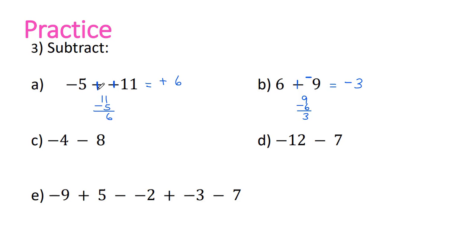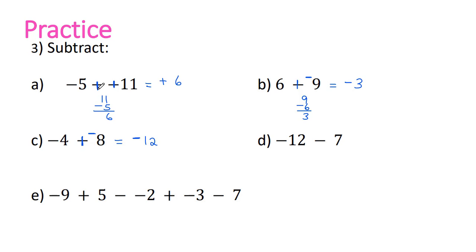For C, we have negative 4 minus 8. We're going to get rid of this minus sign, change it to adding, and the 8, which was positive, becomes negative. Now we have two integers with the same sign. Negative 4 plus negative 8 means that I keep the sign and add the integers. 4 plus 8 is 12. So our answer is negative 12.